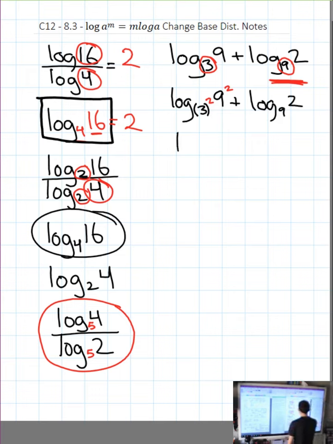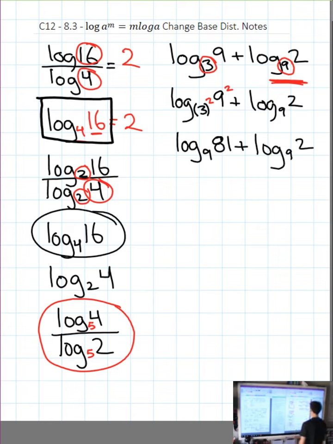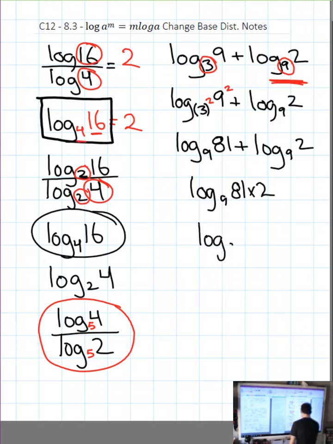And if I square the 3, I get log base 9 of 9 squared, which is 81, plus log base 9 of 2. Now I have a rule. If I'm adding logs, I can simply multiply the things that I'm logging. So I have log base 9 of 81 times 2, which is log base 9 of 162.